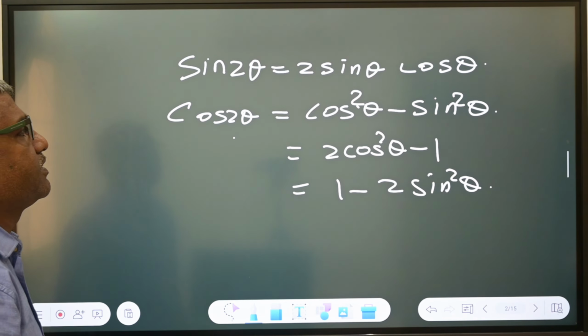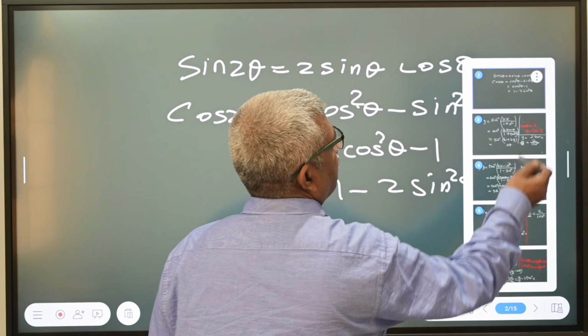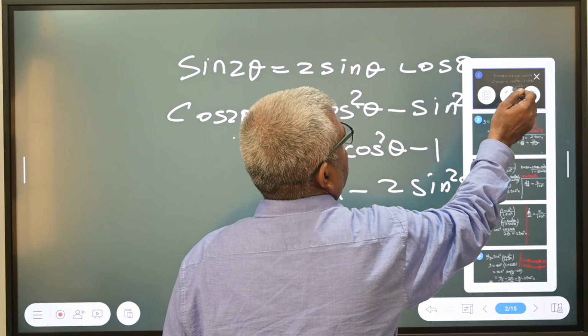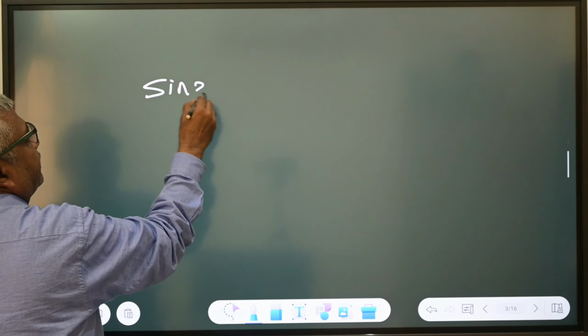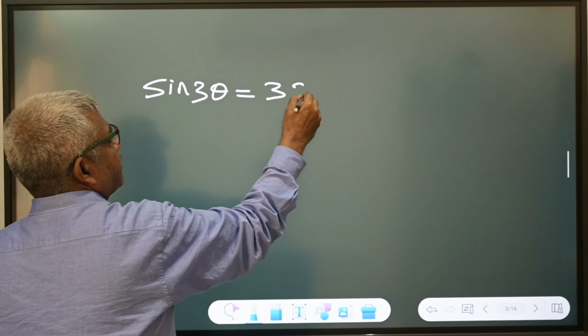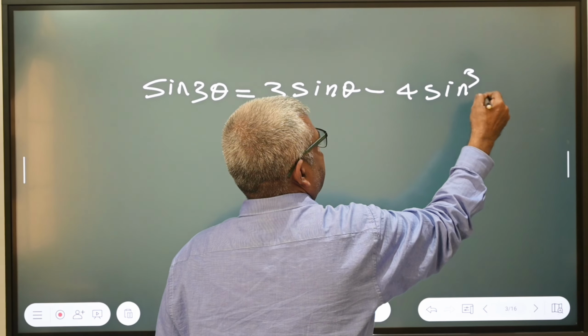These four memorize. Then you need to memorize sin 3 theta equal to 3 sin theta minus 4 sin cube theta.